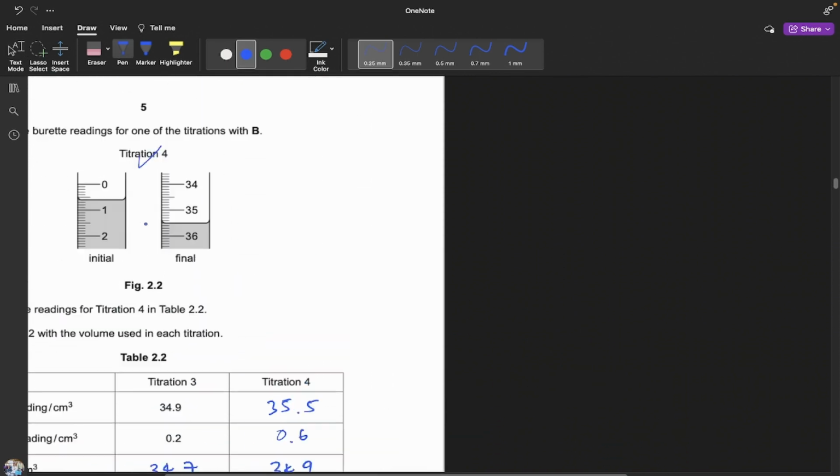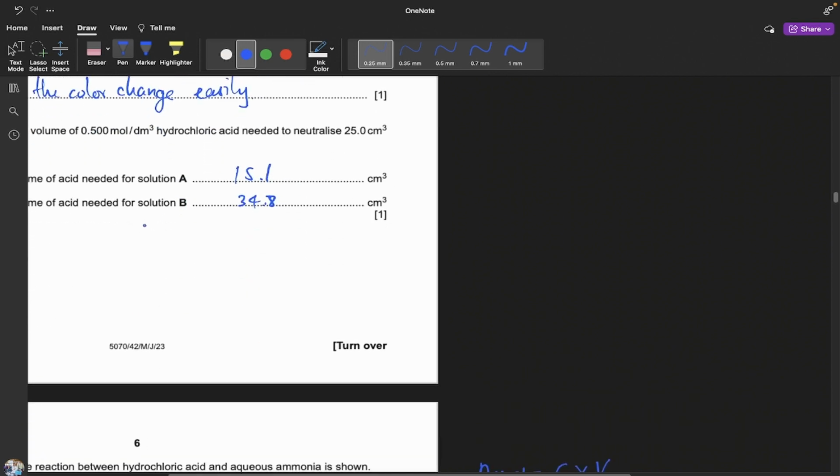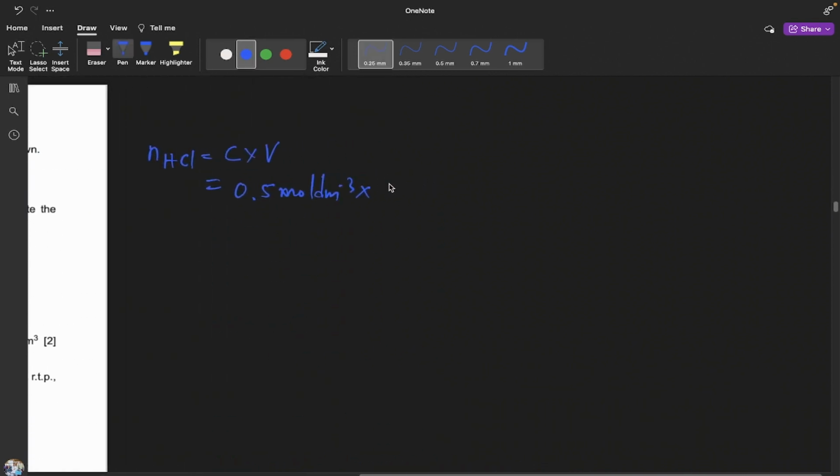So the volume is 15.1. We are taking the average. 15.1 decimeter cube. This cancels with this. 0.5 multiplied by 15.1 should be around 7.55. Okay, that's good. Next one.